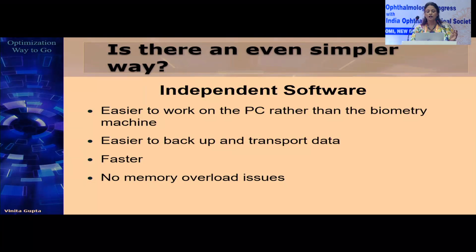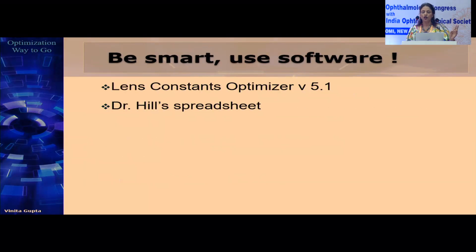It is easier to transport data, faster, and there are no memory-related overload issues which may be there with biometry machines. This is one lens constant optimizer designed by one of the people with whom we started this course, Saurabh Sani. And also we have Dr. Hill's spreadsheet, which is available online.